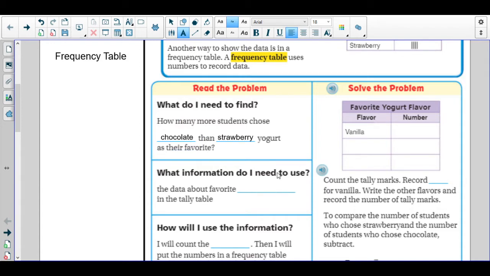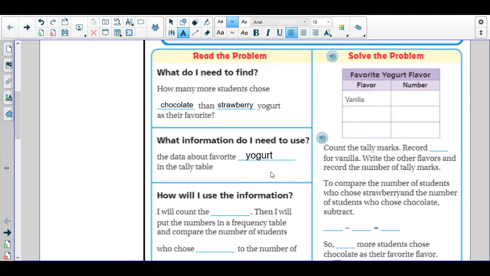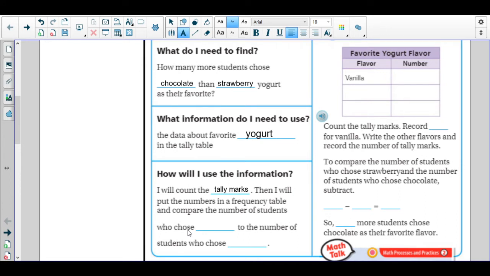Well, the data about the favorite yogurt flavors in the tally table, or the tally chart, that was up here. How will I use this information? I will count the tally marks. Then I will put the numbers in a frequency table and compare the number of students who chose chocolate.